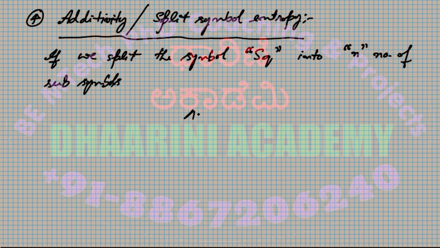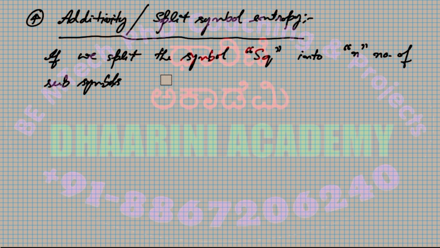Let's say the symbol itself is ABCD. Now you have options like you can split it into AB and C, so two symbols, or ABCD can be divided into ABC and D, or ABCD single, like that we can split it, right? So that's what we are talking about.